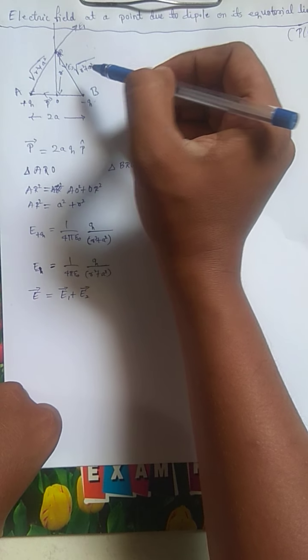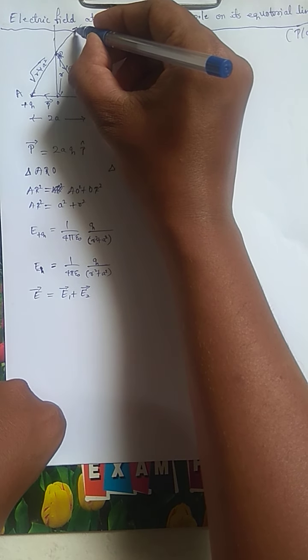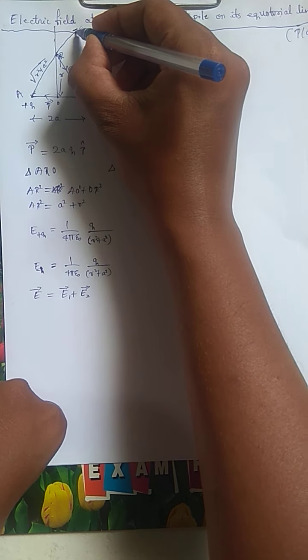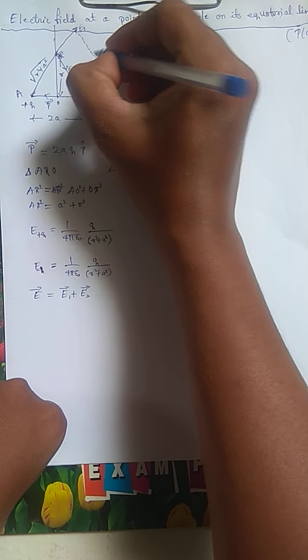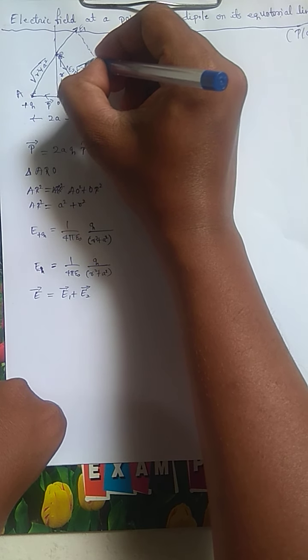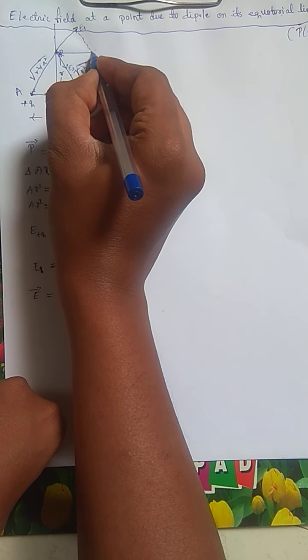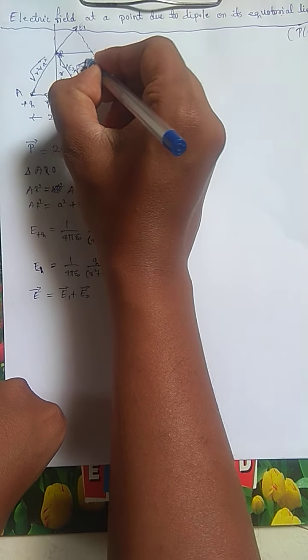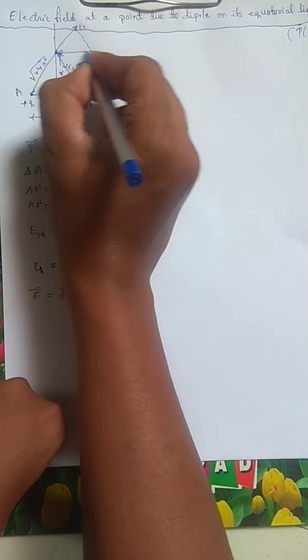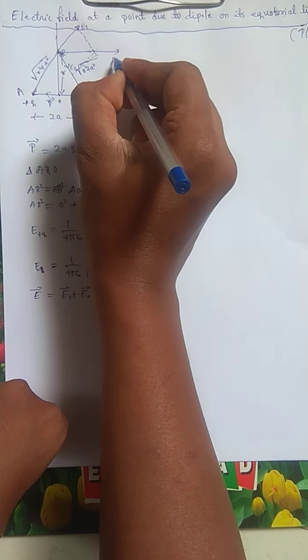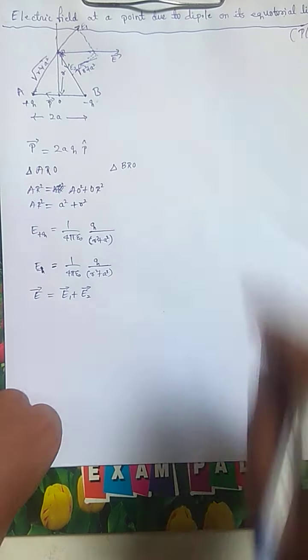The law of vector addition we can apply here, right? I will draw the imaginary lines over here, and I'll join the diagonal straight away. We have to draw like that only. Okay, this is our diagonal, and the resultant electric field will move in this direction.